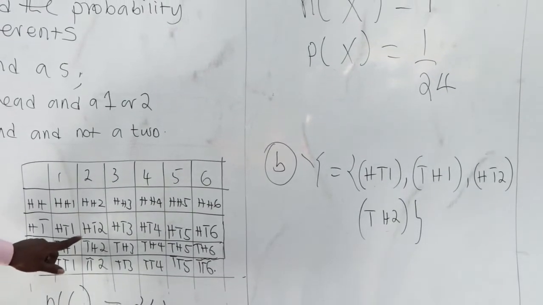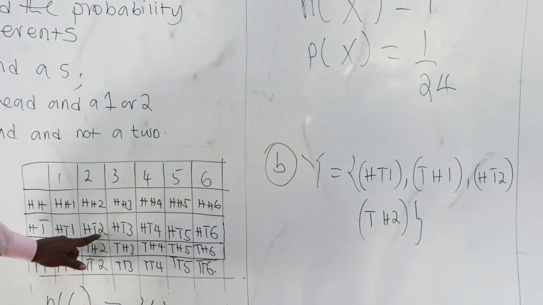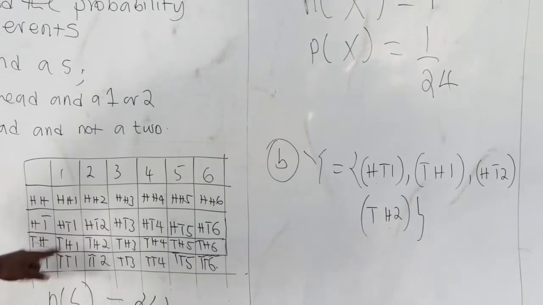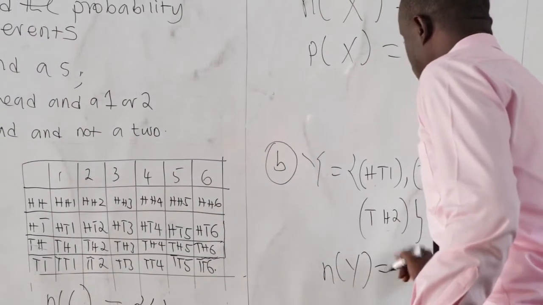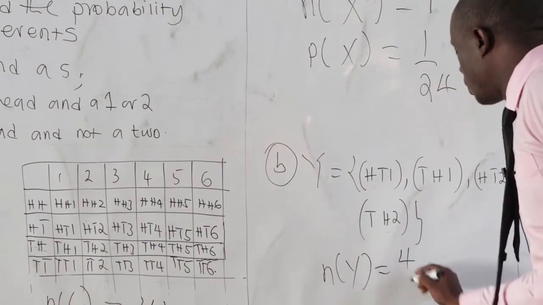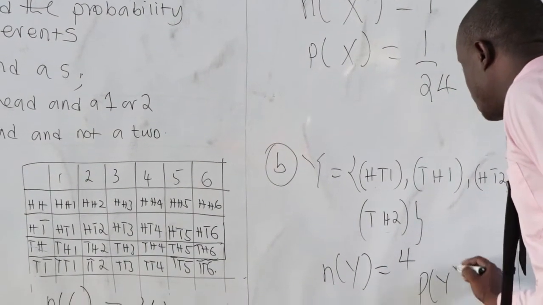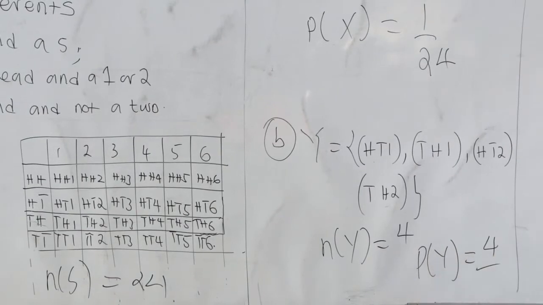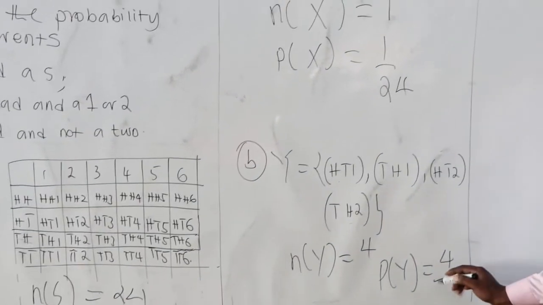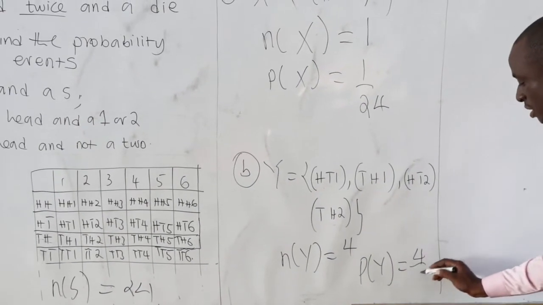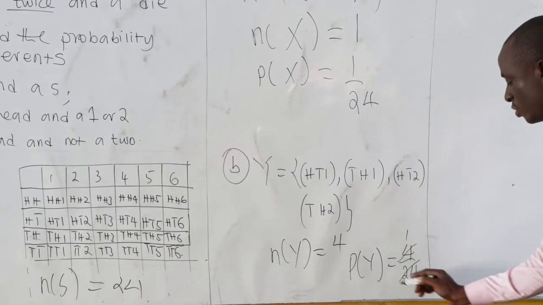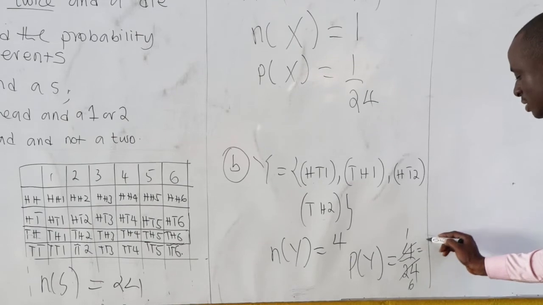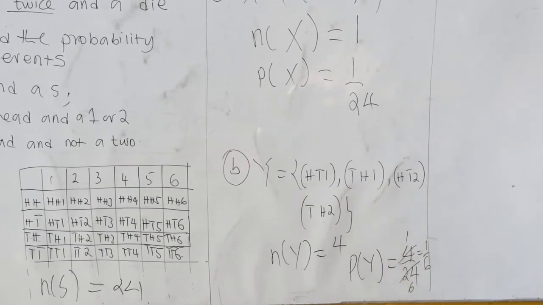So our number of events is 1, 2, 3, 4. That will be 4. The probability of obtaining that will be number of events all over number of sample space. The sample space is 24. So 4 goes into 24 six times. So our answer is 1 out of 6.